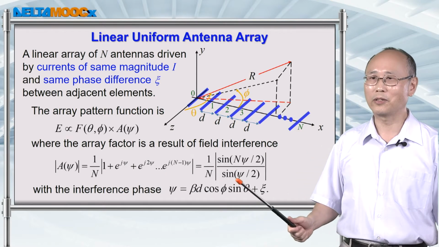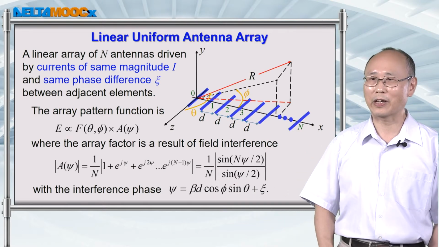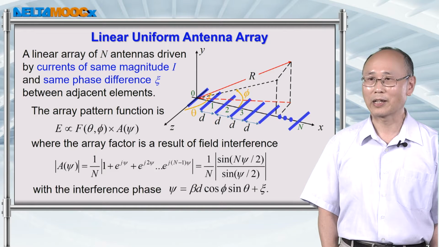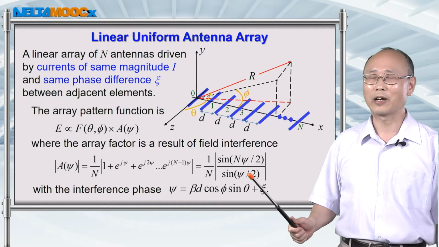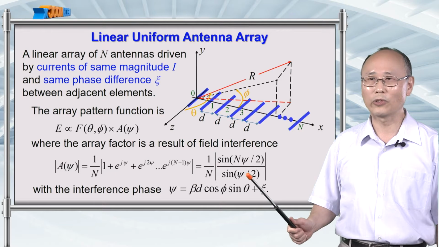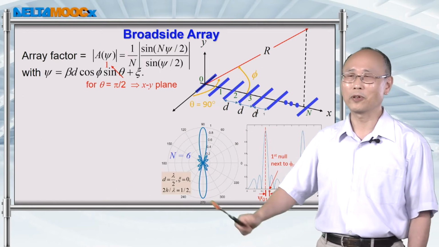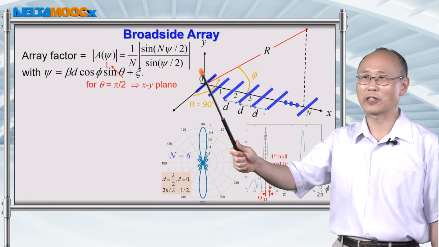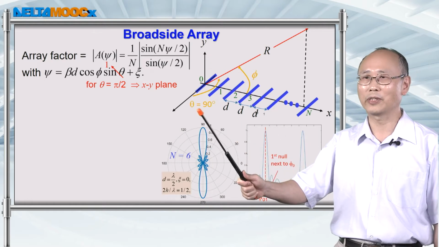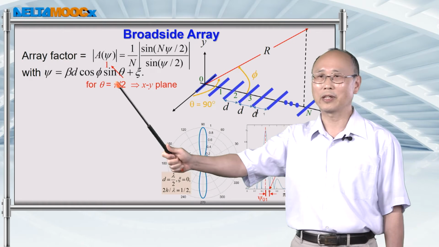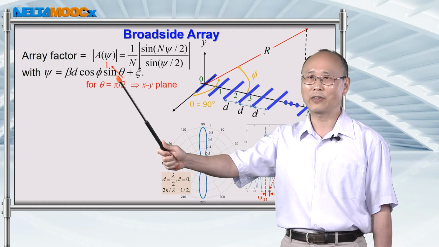Let's look into this expression and figure out in which direction you're going to get the strongest radiation, or in which direction you're going to get no radiation. For example, let's confine our discussion to the xy plane where theta is equal to 90 degrees. So let's put the 90 degrees into the sine theta.